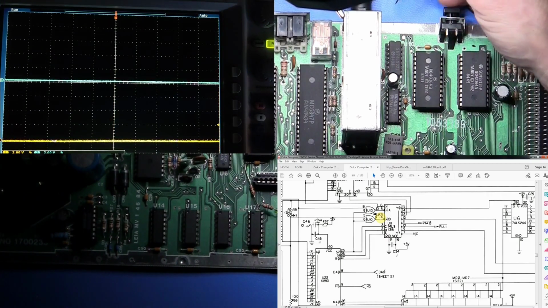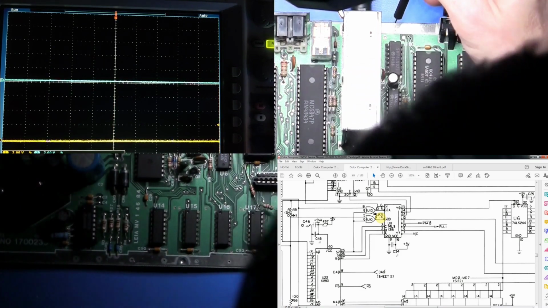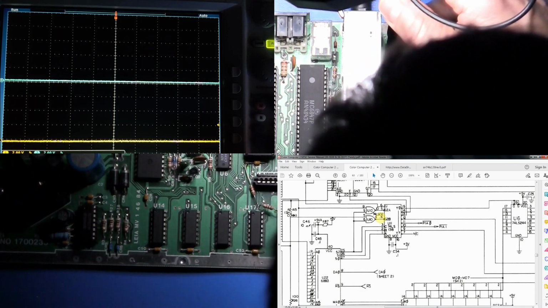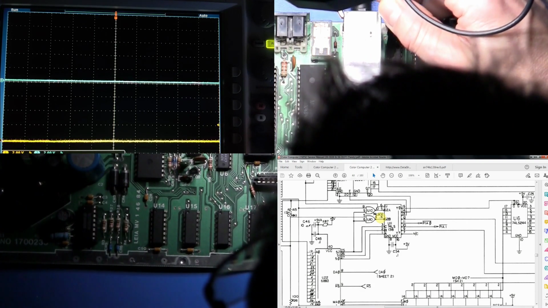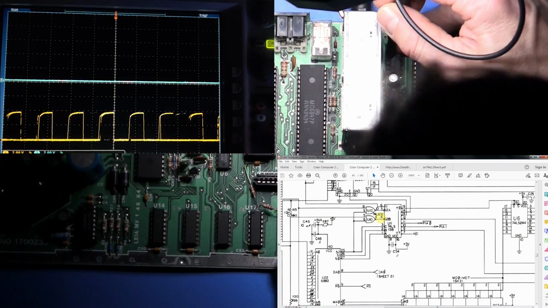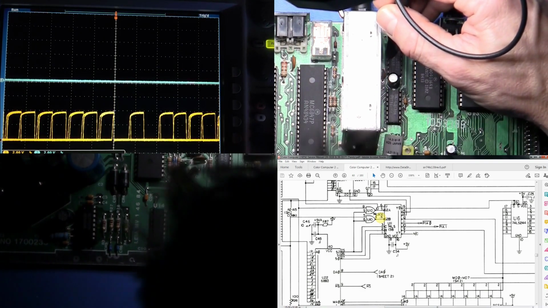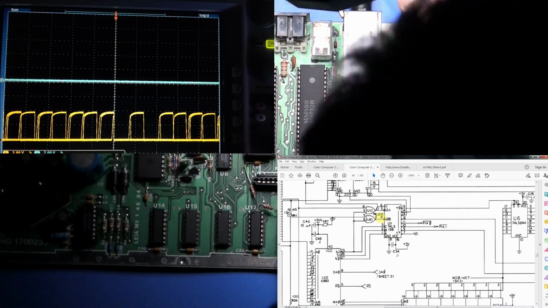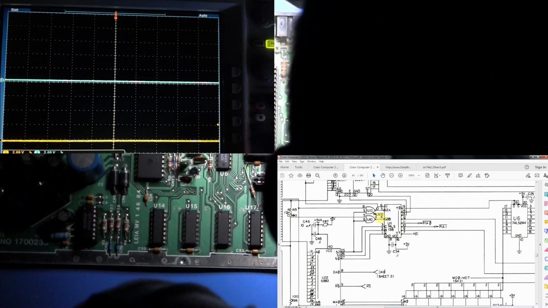Okay, so pins 4 and 10 on U10. Here's pin 4. Okay, that's low. Okay, no, I was not on it. Okay, so it's toggling. Good. And that's a 14 pin package.